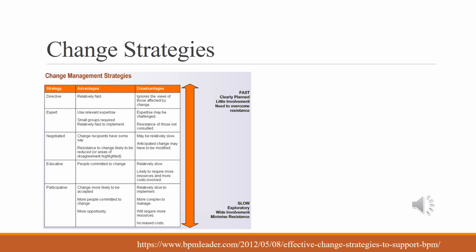So from the chart, you can see that it operates on a continuum. If you want it to be faster, then you might need to take a more directive or even so-called assertive approach. But if, let's say, time is on your side, then you might want to consider taking a more participative approach, because it actually helps to gain more support over the long term.